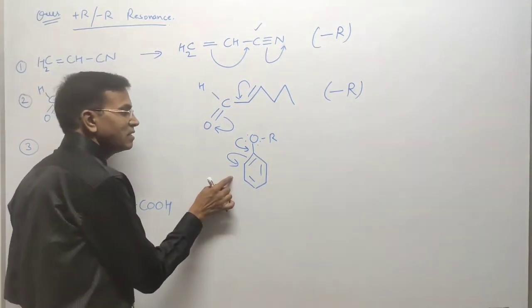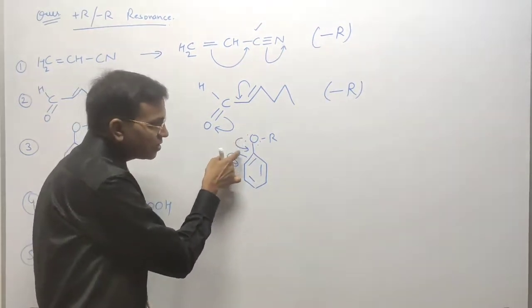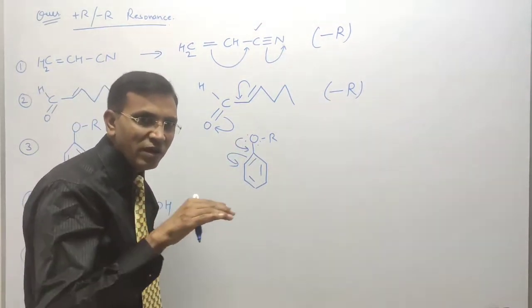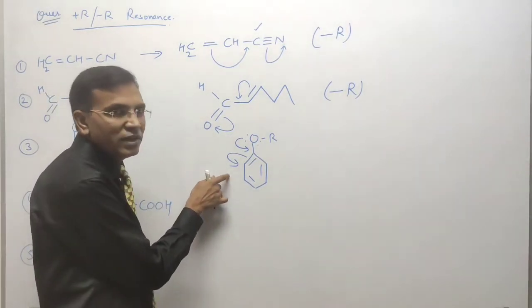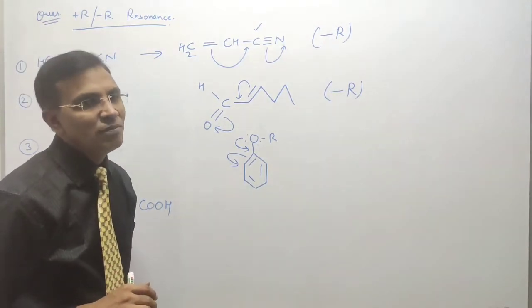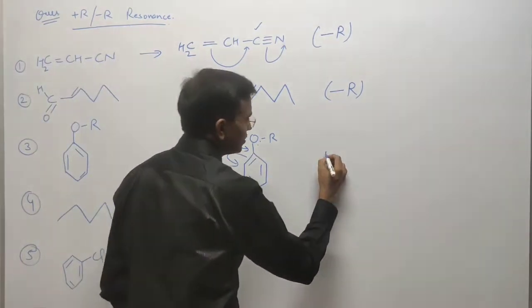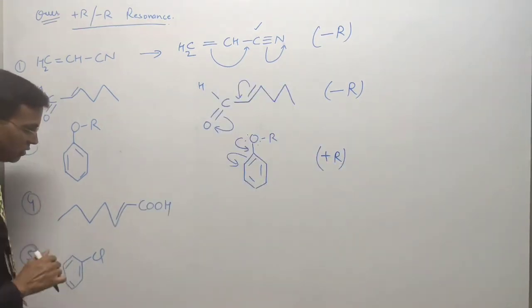In this species the atom attached is oxygen and the electrons movement takes place away from the atom attached. That means this type of resonance where the electrons movement takes place away from the atom attached is called plus R type. So this is plus R type. Now move to the next question.